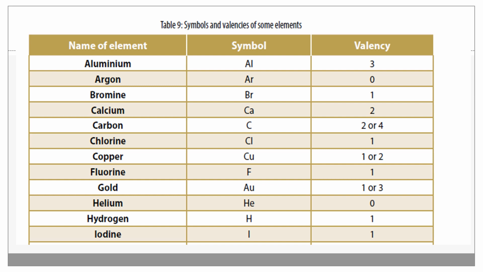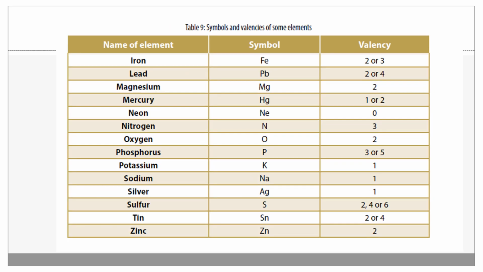Gold has a valency of 1 or 3. Table 9 continues on this slide. Here also you can see that some elements like iron and lead have more than one valencies.